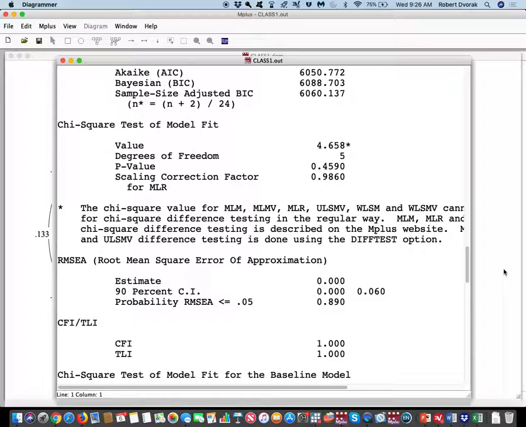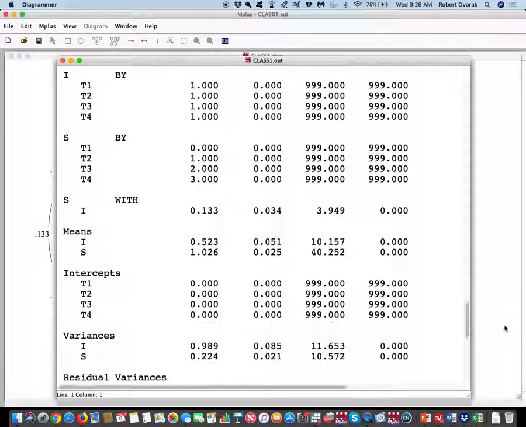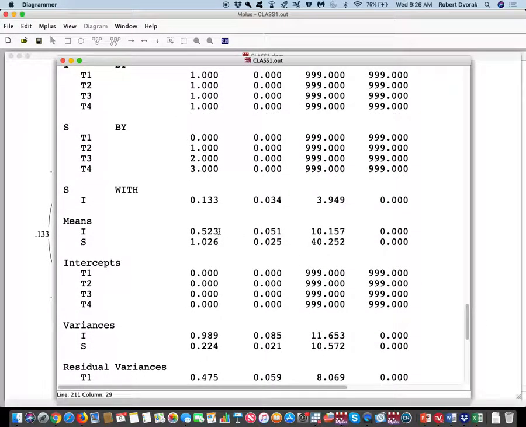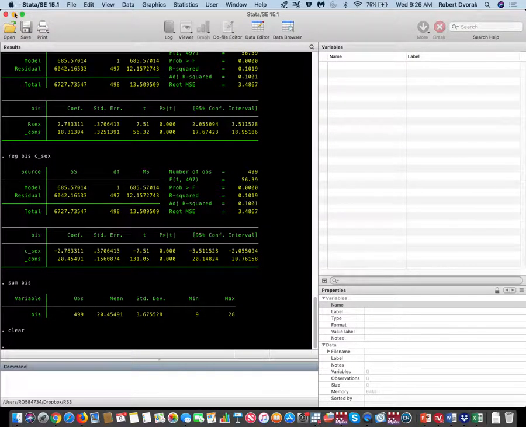There is our model. Everything fits exactly as it did before. And now we get this. Our intercept is 0.523, and our slope is 1.026. So let's flip over and have a look at this. I'm going to clear this out.